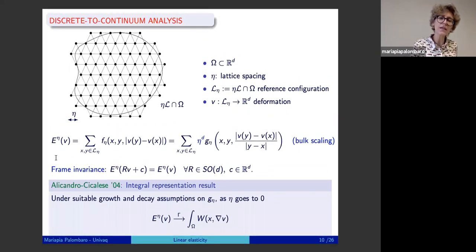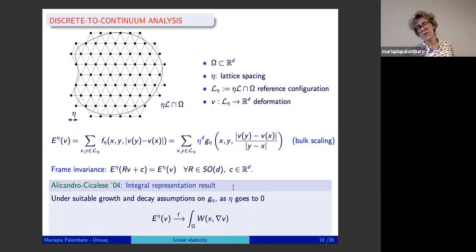For this class of energies, Alicandro and Cicalese proved an integral representation result. So they proved that under suitable growth and decay assumptions on the potentials G eta, this sequence of functionals as eta goes to 0 is well approximated by a continuum limit of this form.